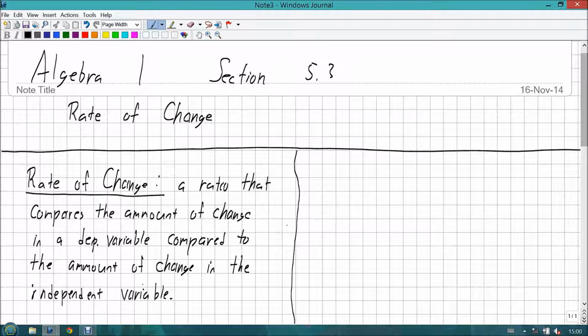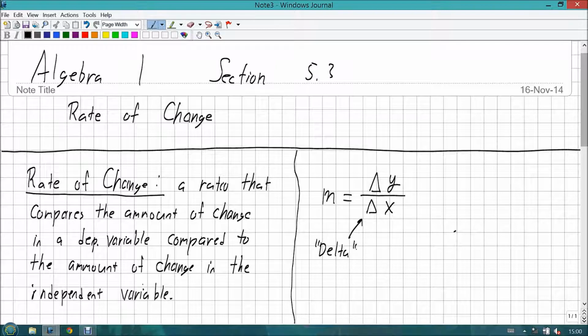So for this particular case, the rate of change is how much change we have in one thing compared to another. The way I like to think of rate of change is with the letter M. And my letter M is the change in Y over the change in X. Note that this little triangle is the Greek letter delta.